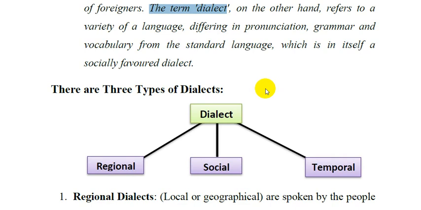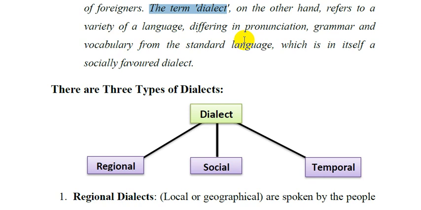First of all, I would like to define the term dialect, and we have to know what a dialect is. Dialect refers to a variety of a language, differing in pronunciation, so that there are differences in the pronunciation.